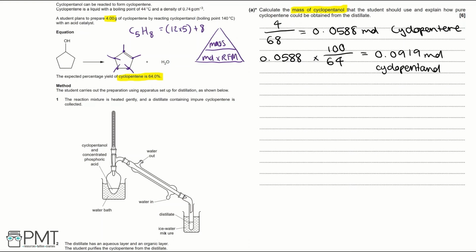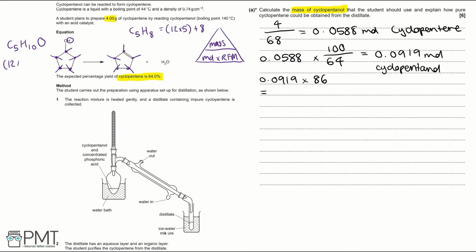Then we need to work out the mass of cyclopentanol. So again, using the equation triangle, we do moles, 0.0919, and then multiply by its relative formula mass, which is going to be 86. Again, we can work this out. We've got 5 carbons, so C5, we have 10 hydrogens, and we have an oxygen.